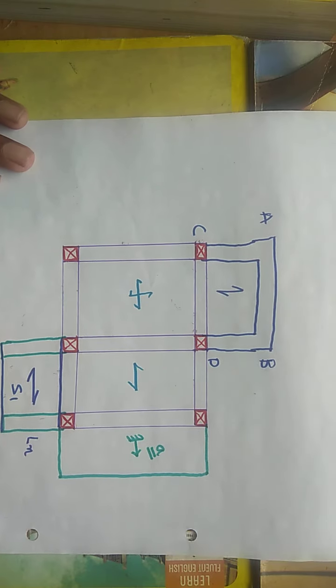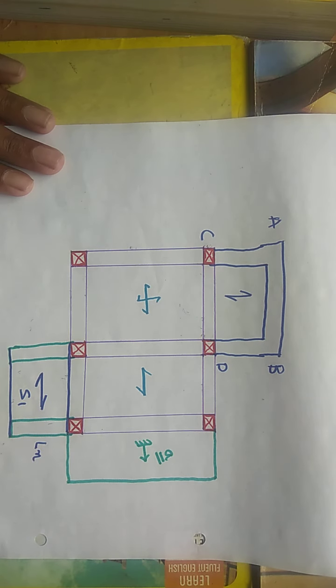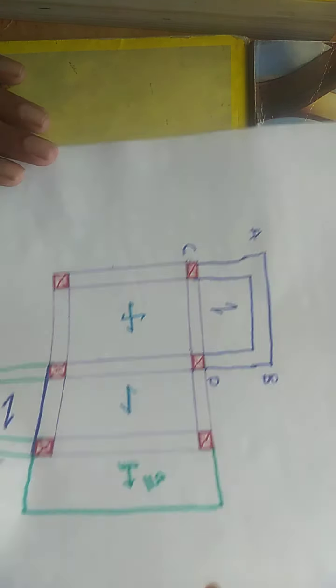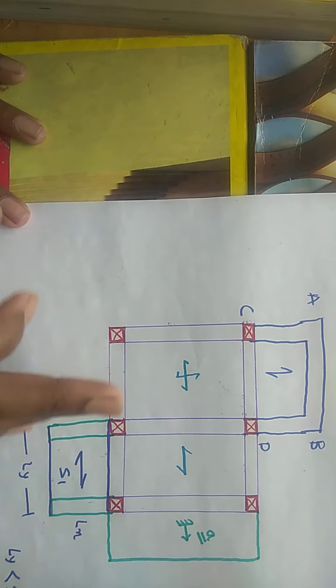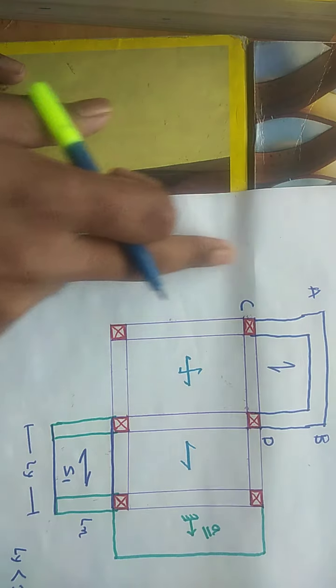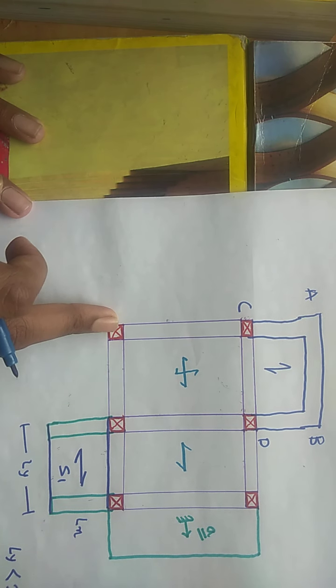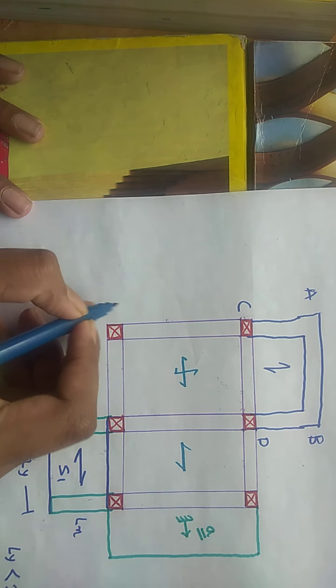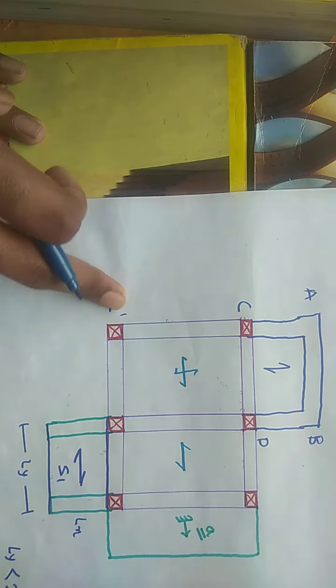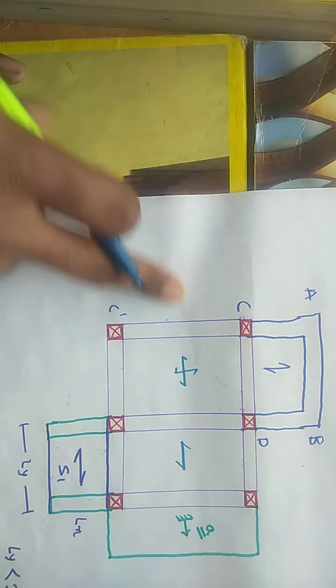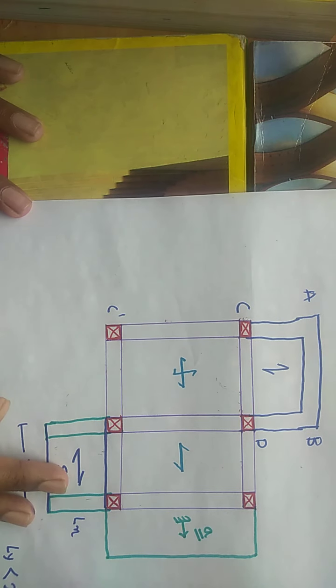Okay, sometimes the balcony does not extend over the complete width of the room. Suppose this is the width of the room and you don't want the balcony up to here. Here I give C dash. You don't want the balcony width from C to C dash, you just want the balcony in this area.